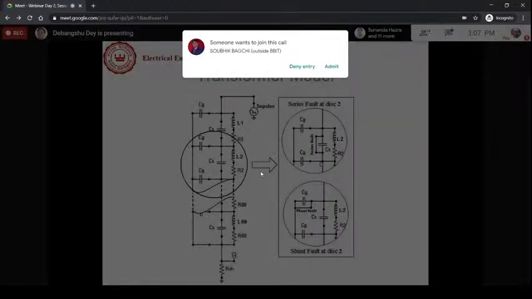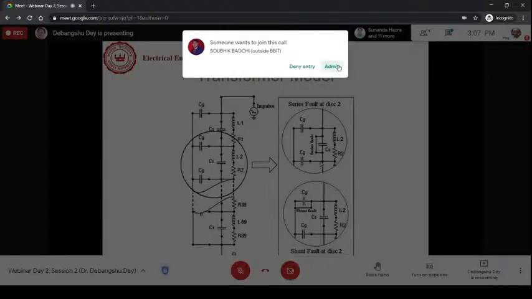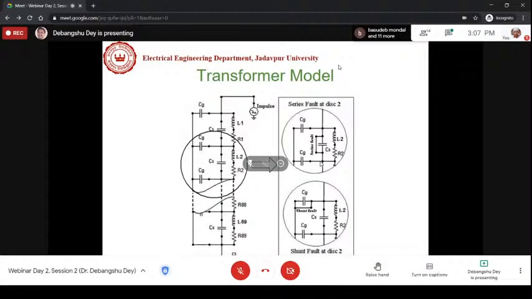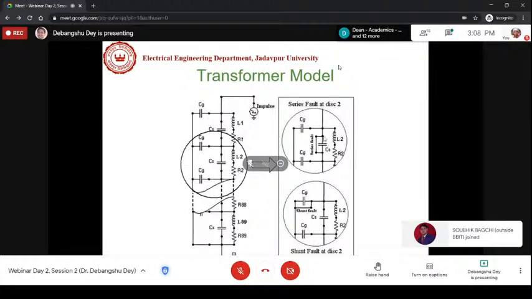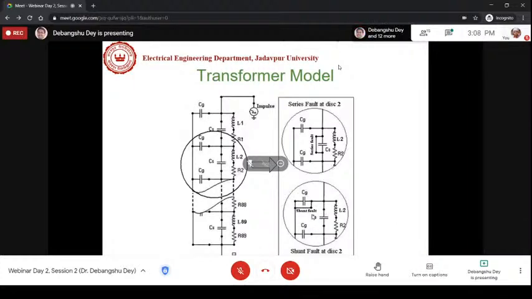If the insulation between two turns is removed, the metal portions will touch each other, and therefore we say the windings are shorted. So if one disc is shorted, in the model you have to short circuit it. This is what we call a series fault.